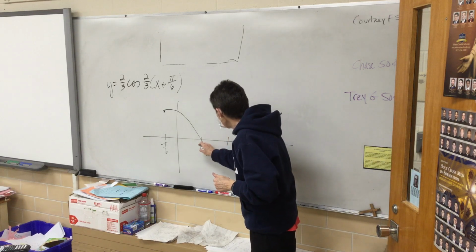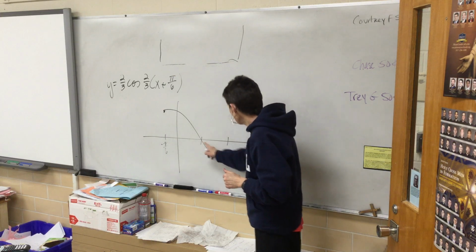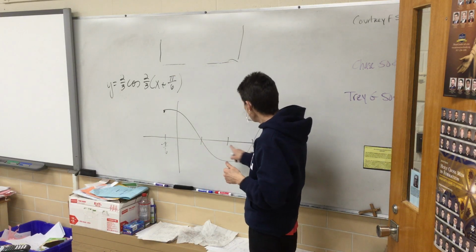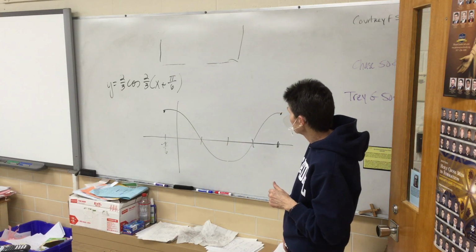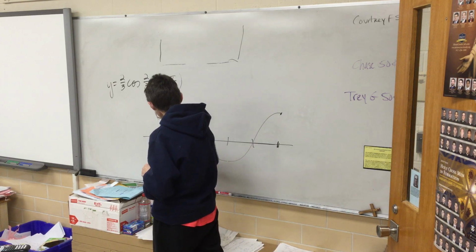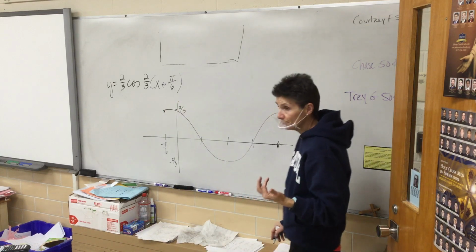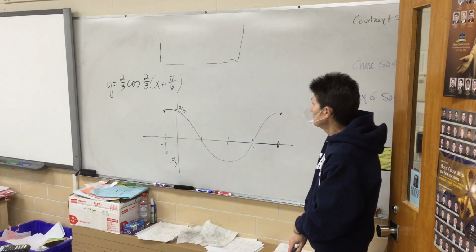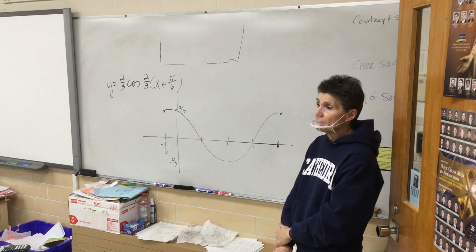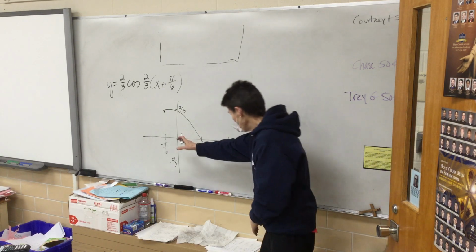And your divisions, we're not ready to find them yet, but those will be your divisions. Where it crosses, the x-intercepts, and where it minimizes. My height is going to be 2/3. My amplitude. And now I need my period, because the only way to figure out where it ends is to know how long it is.